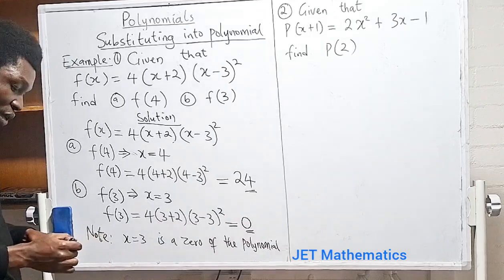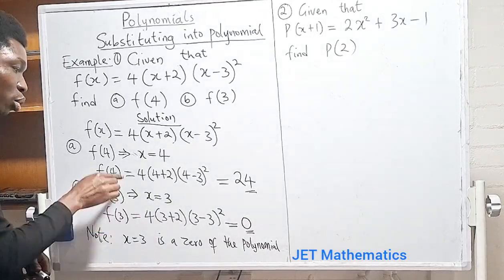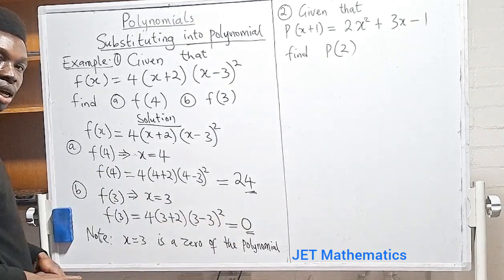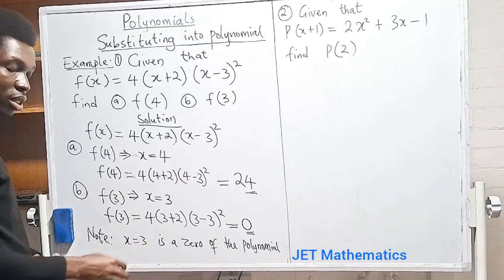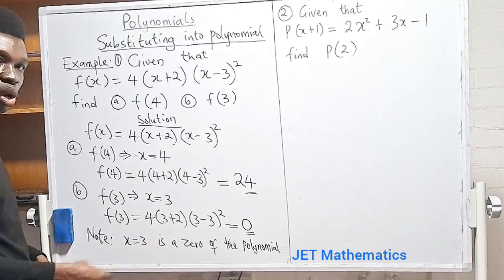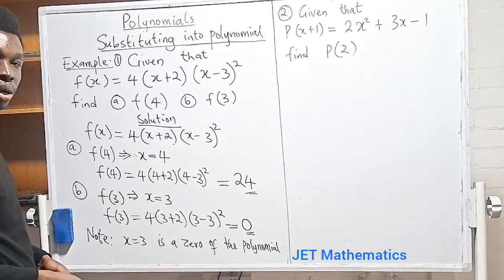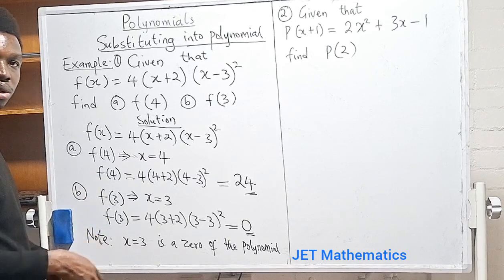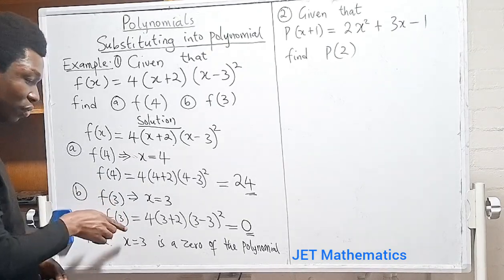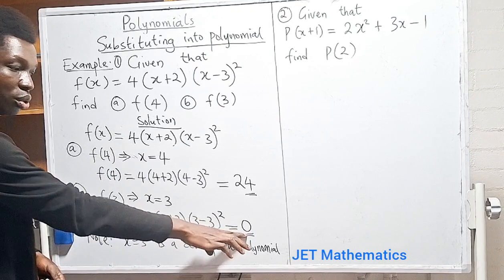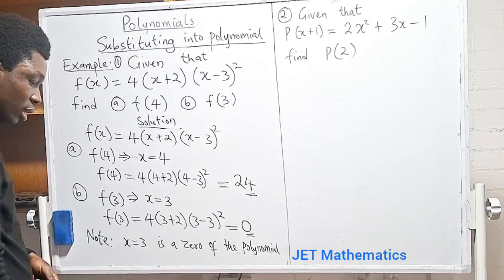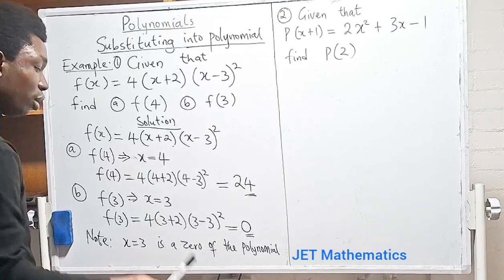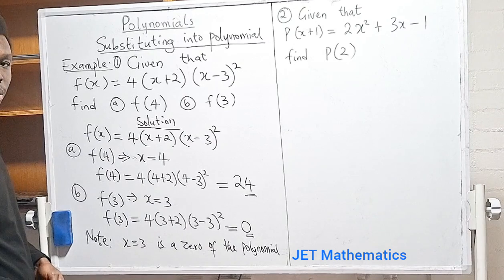So take note, whenever you substitute a value into a polynomial and it reduces it to 0, then that value is a 0 or a solution or a root of the polynomial. In our last video we discussed the roots and zeros of a polynomial.